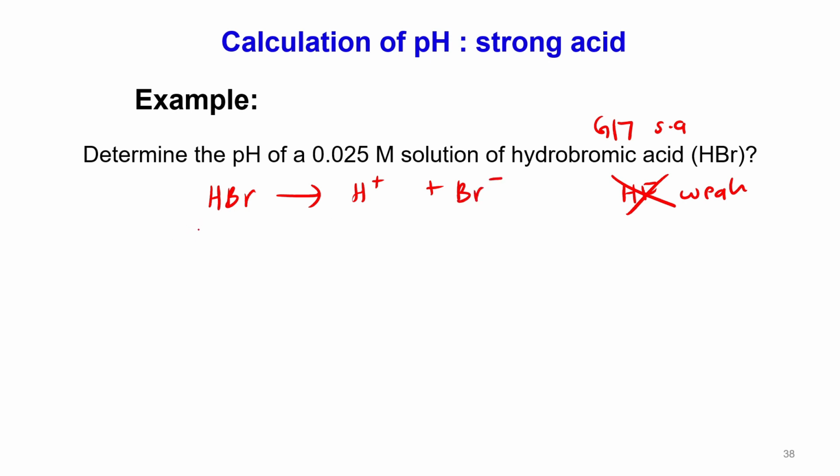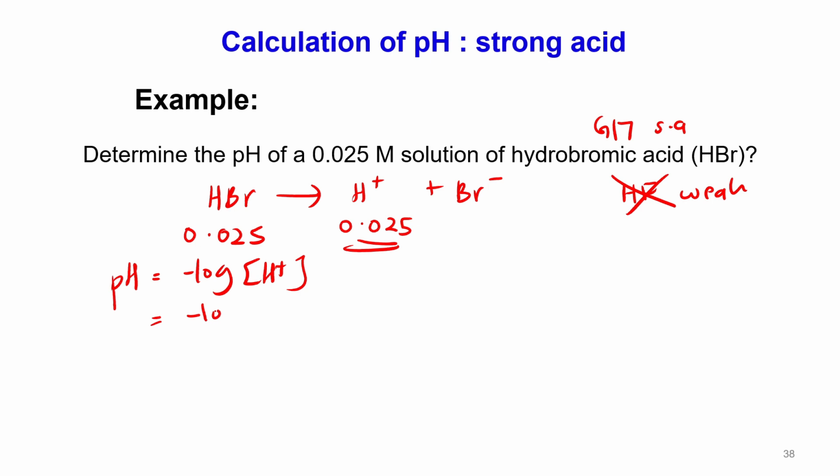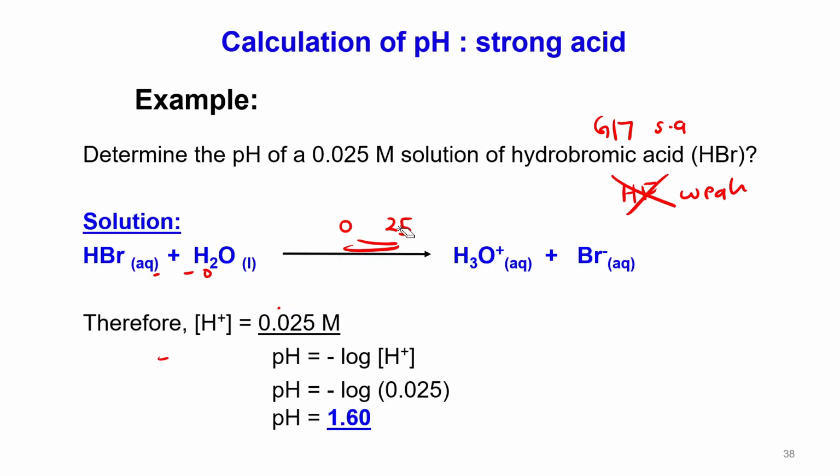If the concentration of HBr is 0.025, then we also get a concentration of H plus of 0.025. From the formula, pH equals negative log H plus. So negative log 0.025, we have the pH for the strong acid HBr is 1.6.